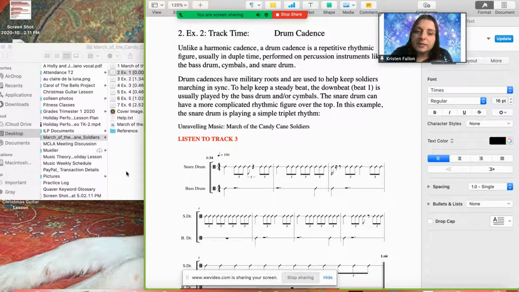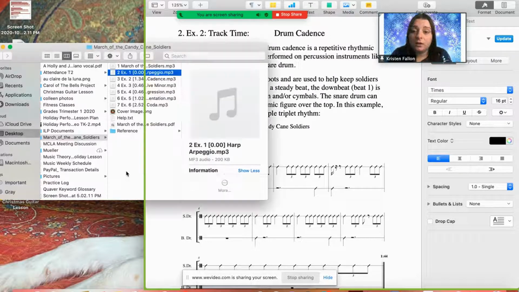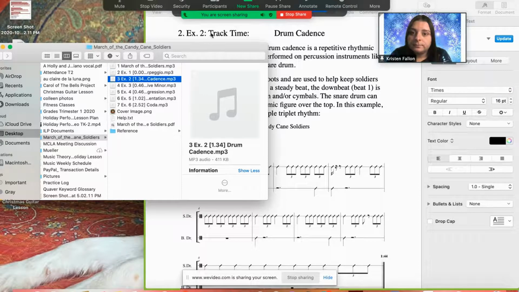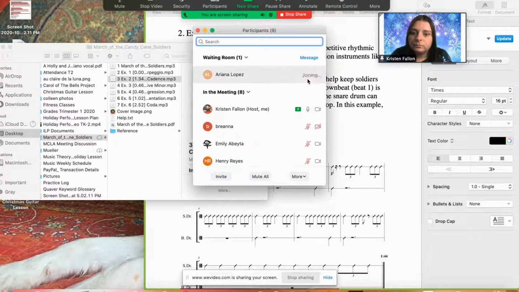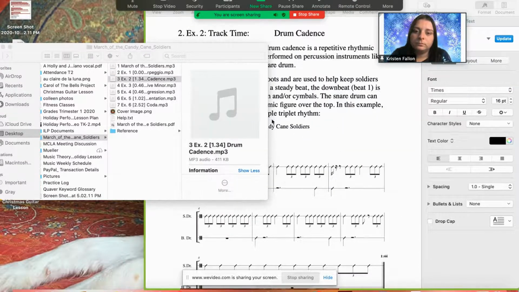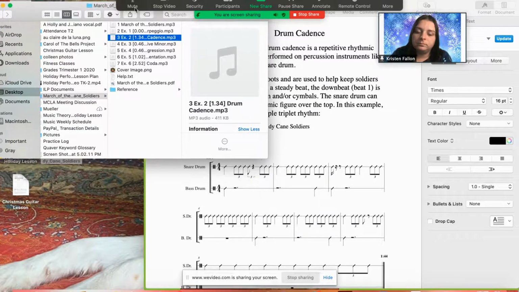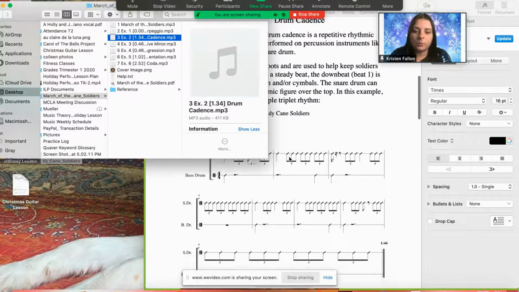So let's listen to this. This is the other sound clip. This is what you're going to be listening for in the song. Okay, we're going to listen to it one more time.